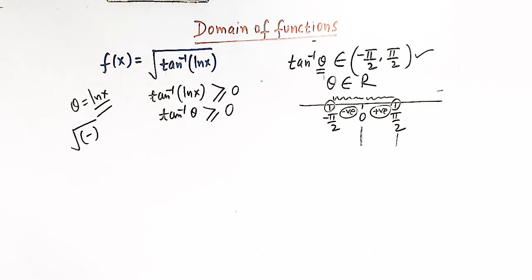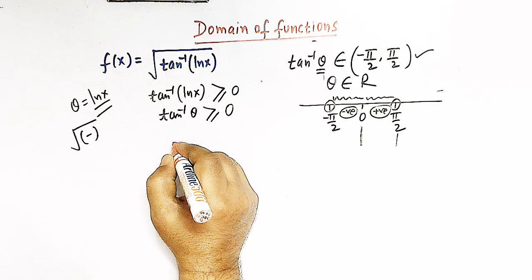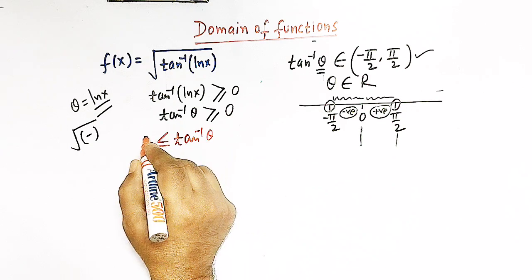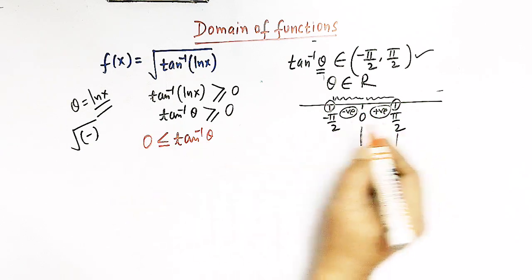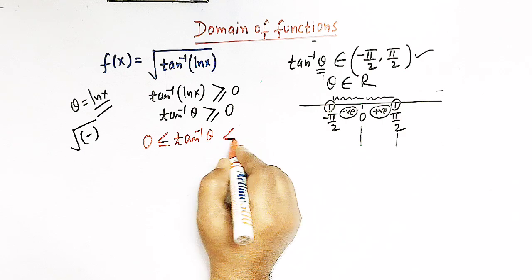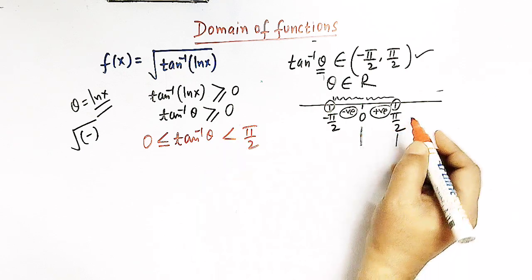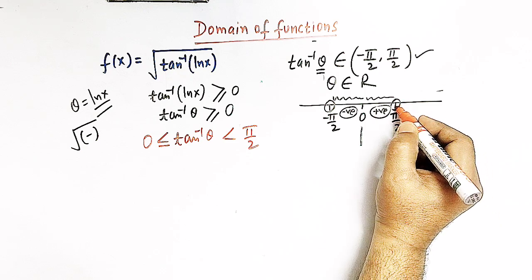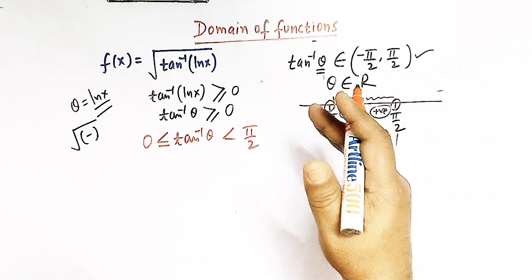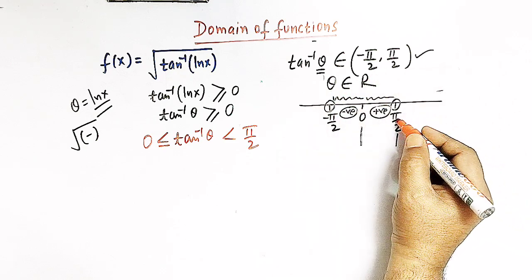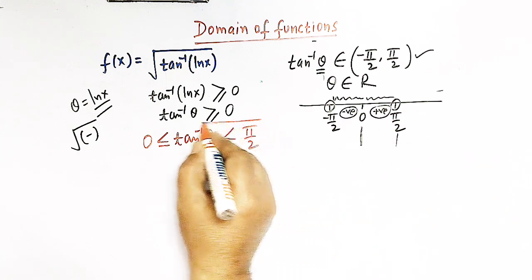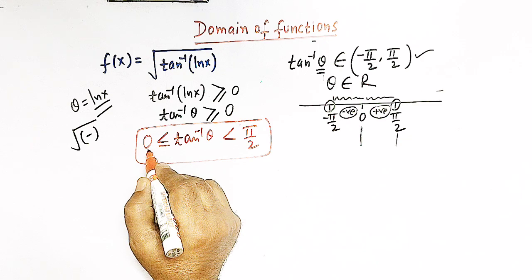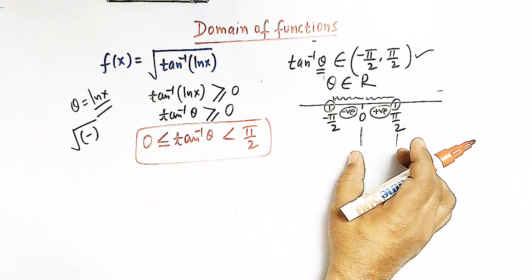So we write tan inverse theta is greater than or equal to 0, but it should be less than pi by 2, because the value of tan inverse theta cannot be equal to pi by 2 or go beyond pi by 2. So we have the inequality tan inverse theta greater than or equal to 0 but less than pi by 2.